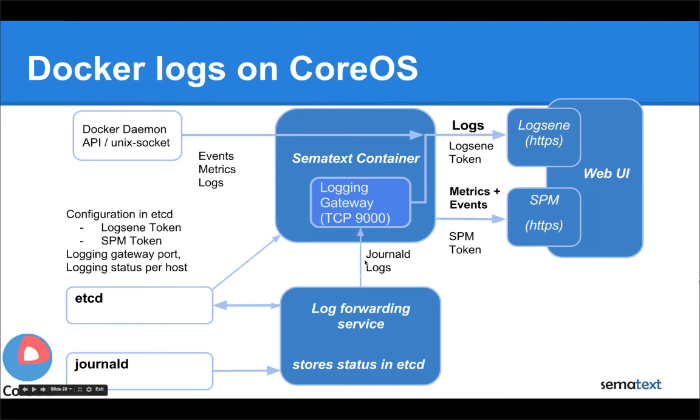This means you can also see boot messages from a CoreOS host when you use this log forwarding service. If you look to our blog, you can search there for CoreOS. You can find different blog posts about this issue, and it points you also to the installation instructions for CoreOS.